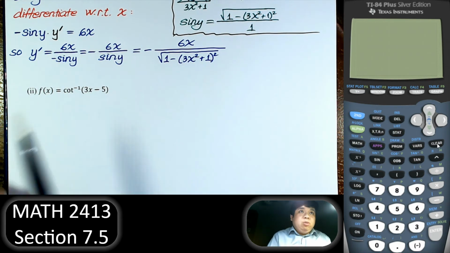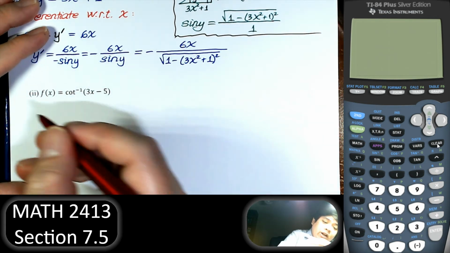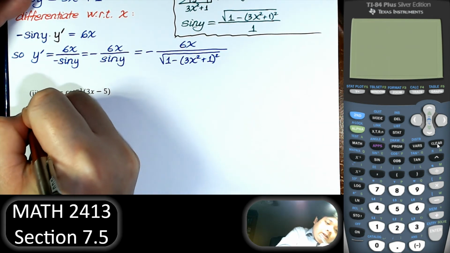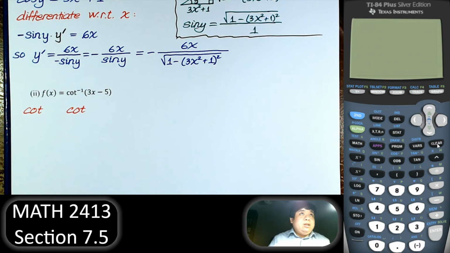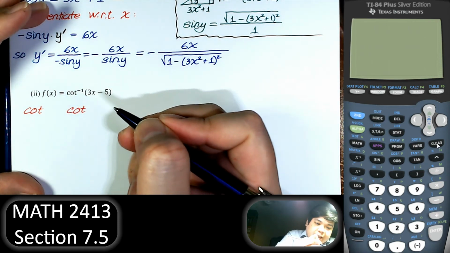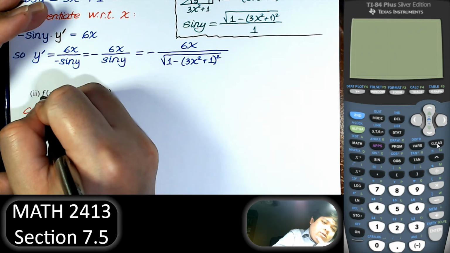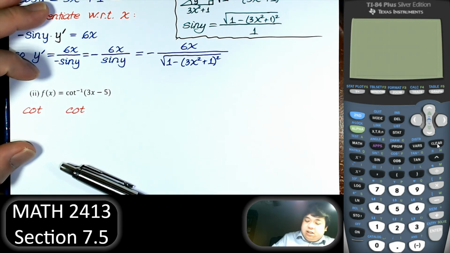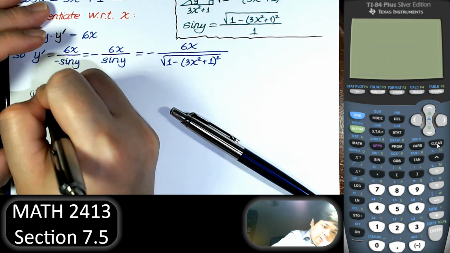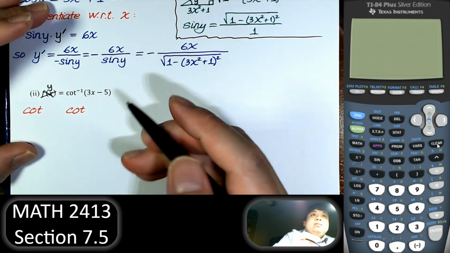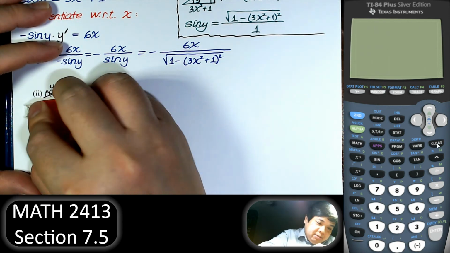Now let's do this. Of course, if we want to get rid of the inverse, we'll take the same function to cancel the inverse. But I don't want to write f of x. Let's use y instead.